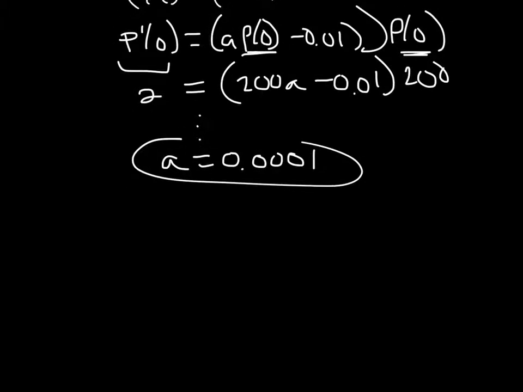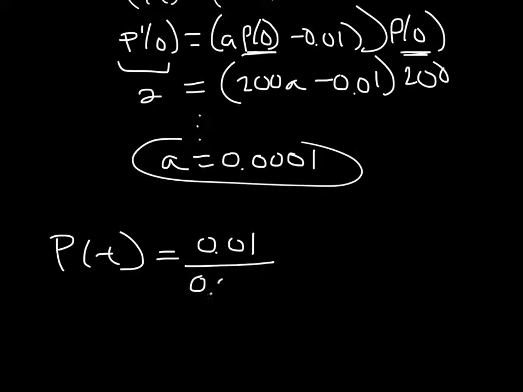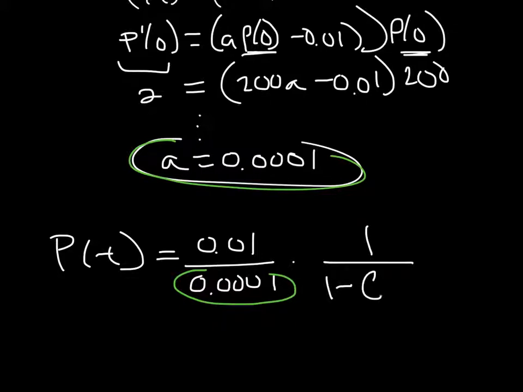and now if I substitute it back in, remember my model was 0.01 divided by A, which I just found, and maybe let's put it in a different color just so you know, right? I'm inserting that guy, times 1 over 1 minus C, e to the delta t.